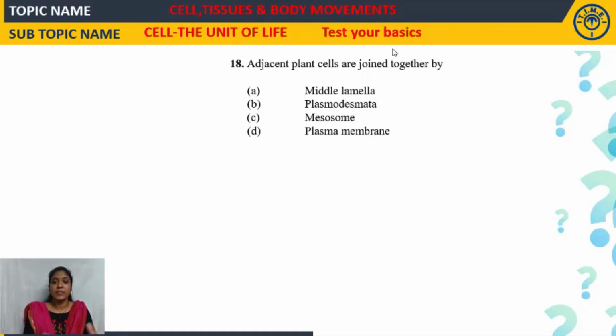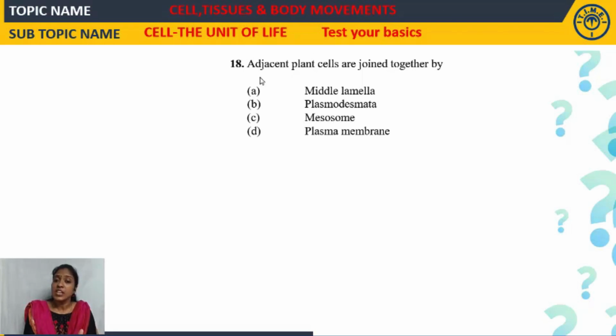Okay, so for fixing a tile, what you have to do? Yes, you have to fix a thing in between, then only it will fix properly. You can use a jelly-like substance or cementing-like substance. So adjacent plant cells are joined together by a fluid-like or jelly-like cementing substance known as middle lamellae. Okay, middle lamellae, they are the cementing substance in between two cells.